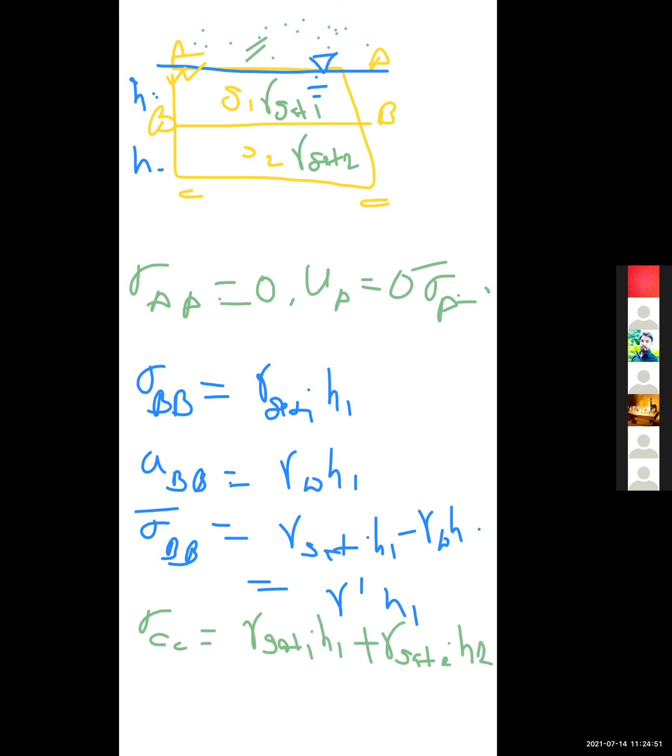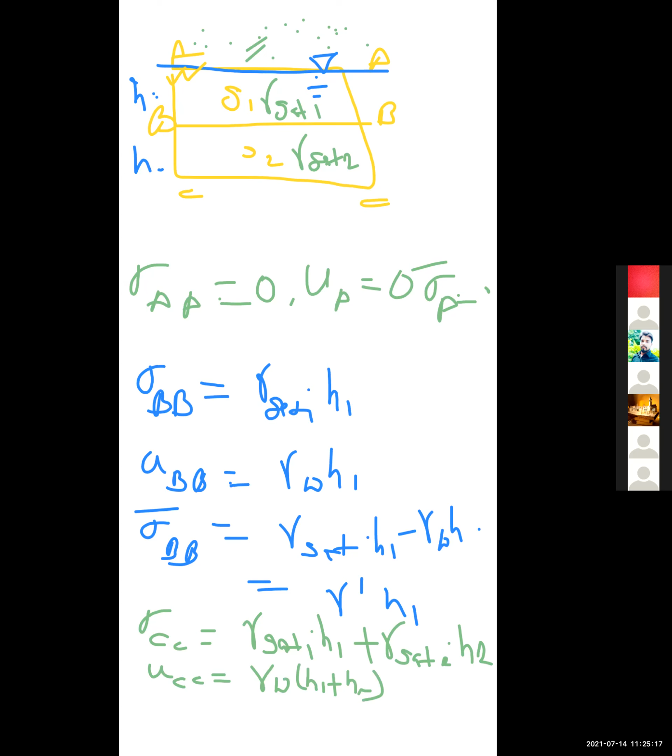This is the total stress. What is the pore water pressure at CC? Pore water pressure at CC is up to height H1 plus H2. The zone is saturated, so gamma W into H1 plus H2. This is the pore water pressure.